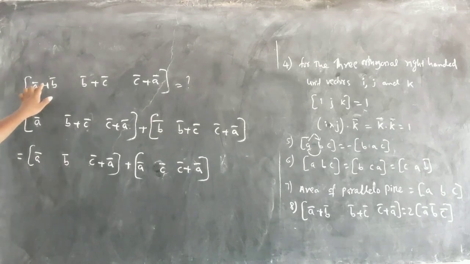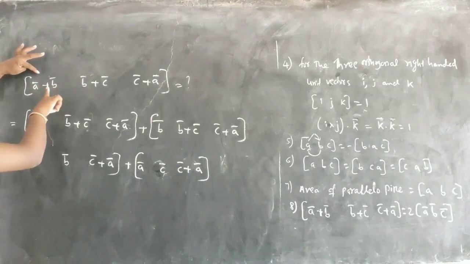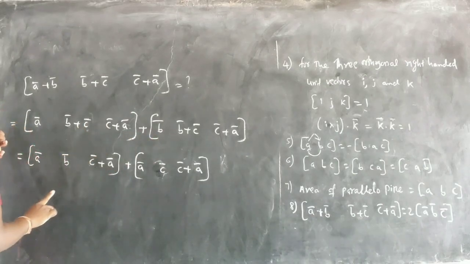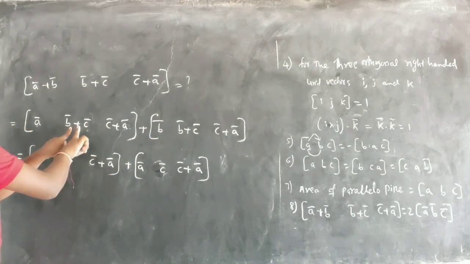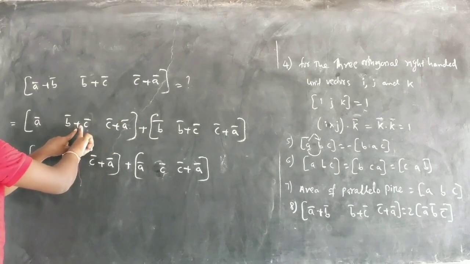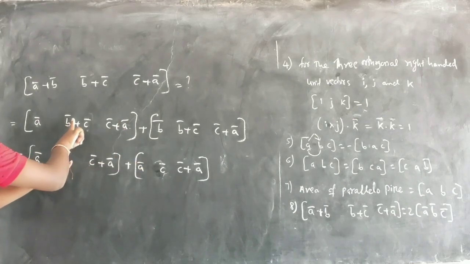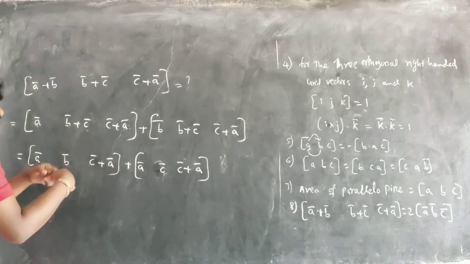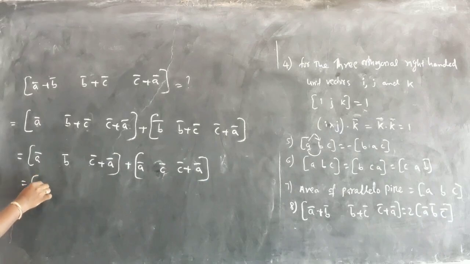Now what I have done in this question: you see that I separated the first one, I broke the first one. Then in the second case I am separating the second one. The first one is over, the second one I separated here. B I kept here, C I kept there. Now in the third step, A vector, B vector, now I separate this one, C vector I will write.